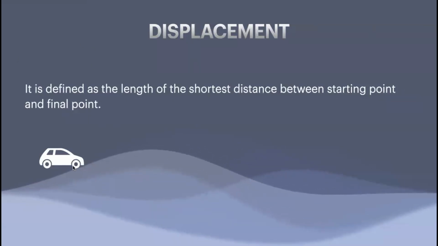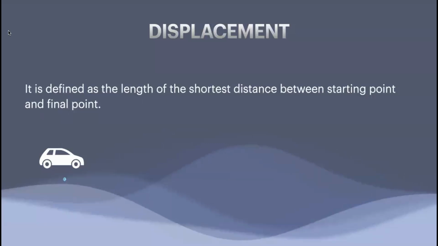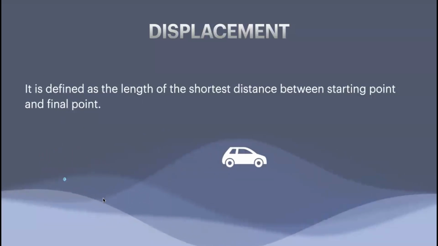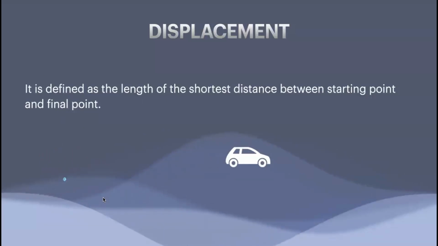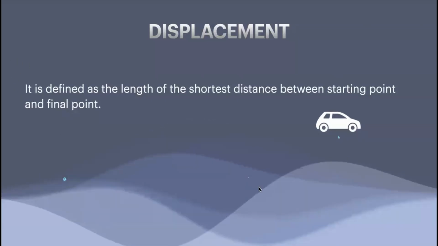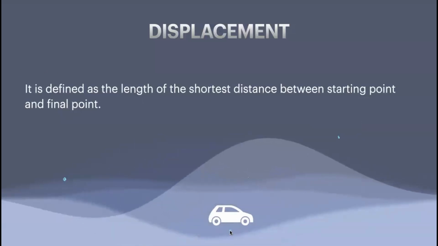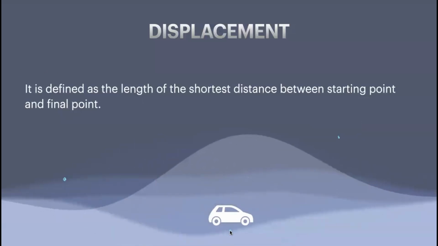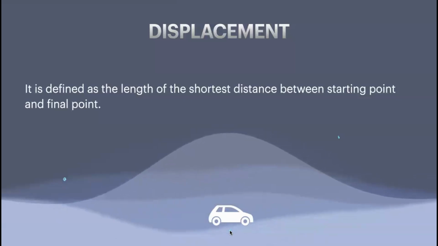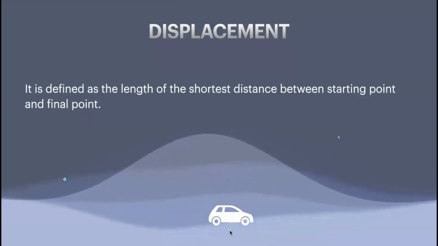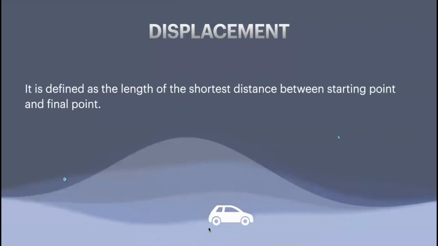Now, the car is starting at a point here. Next, the car went to this point. The car went above and the car went here. Now, what is displacement? Here it says it is defined as the length of the shortest distance between the starting and ending point.